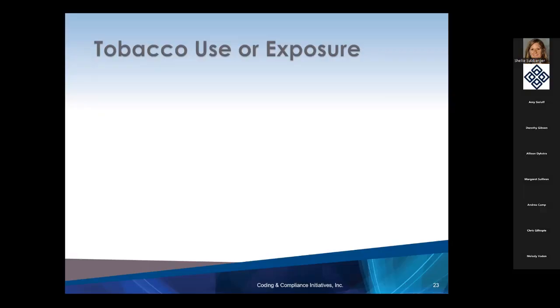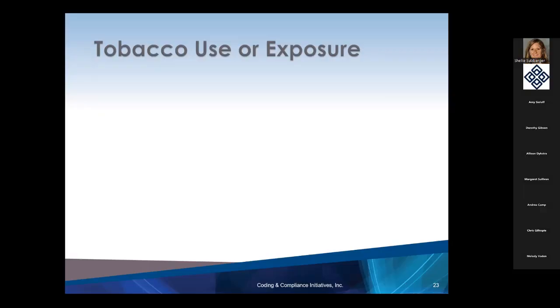For my coders on the call, one thing I'm starting to see with my chart reviews is that sometimes the provider will tell us throughout the note that the patient's a smoker, but they never put that in their final diagnosis. And I'm seeing that coders are starting to use F17.210, nicotine dependence, cigarettes, for example, because the social history says the patient smokes every day or multiple packs a day.